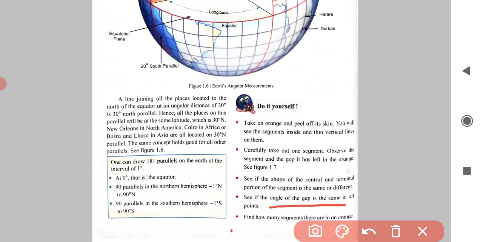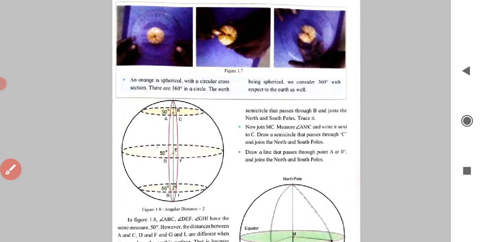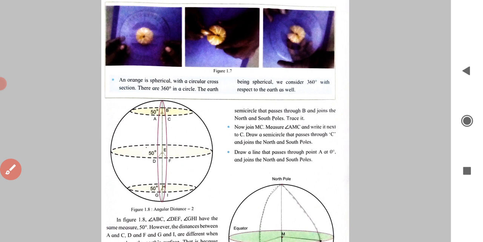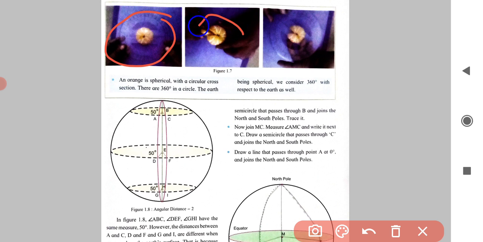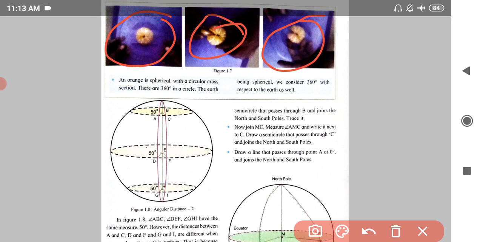Find how many segments there are in an orange. I will show you the figure. See dear student, figure 1.7. Here we have to peel out an orange. Here we have taken out the segments, and we have observed the gap of segment.